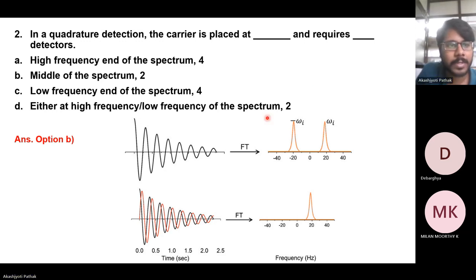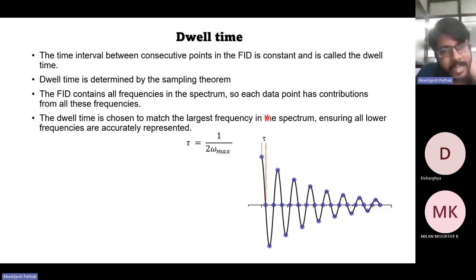Okay. Now, coming to dwell time. This is another concept, based on which a few questions are asked in assignment 4 and assignment 3. So, what is dwell time?